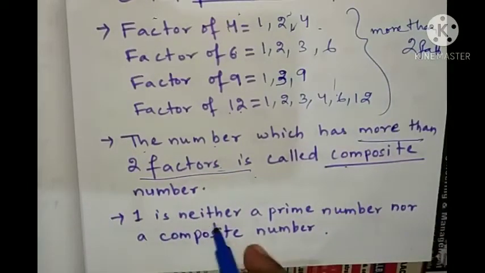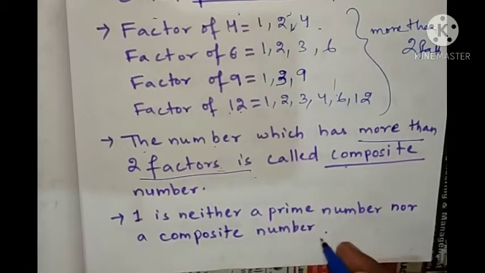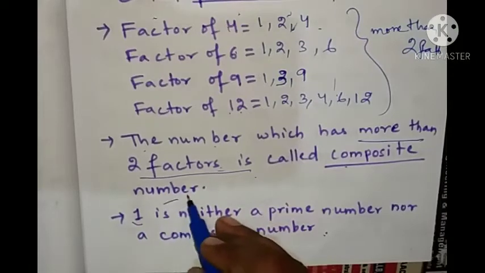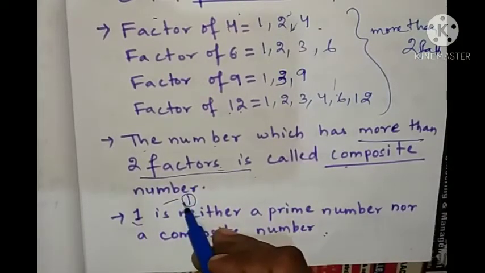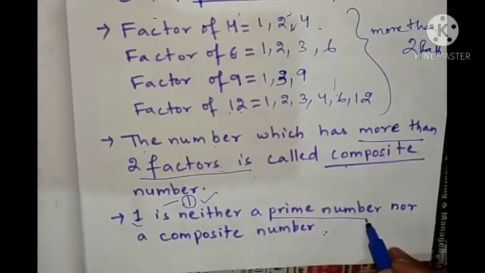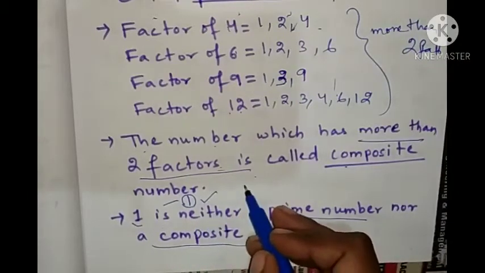Okay. One is neither prime nor a composite number. Why? Because 1 has only one factor, 1. The factor of 1 is 1. So it has only 1 factor. It does not have 2 factors. That's why it is not a prime number. It does not have more than 2 factors. That's why it is not a composite number.